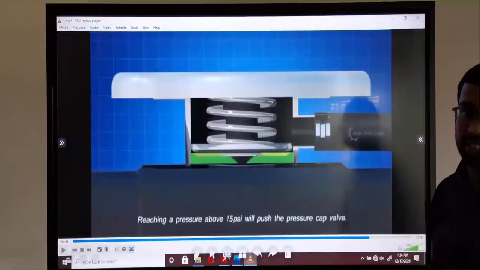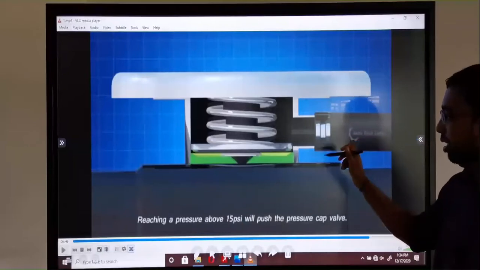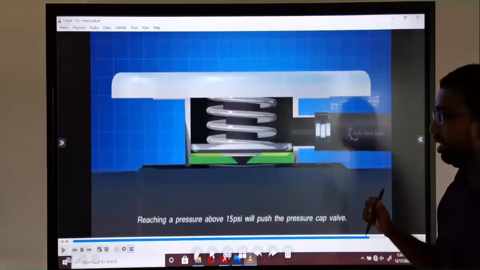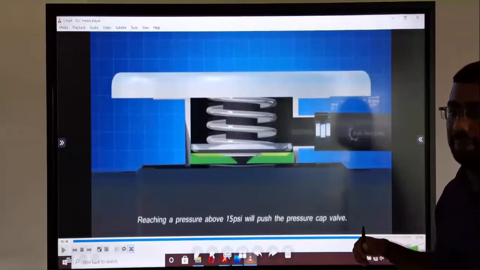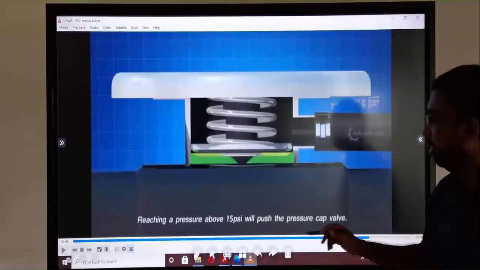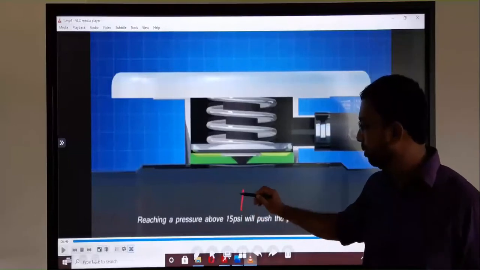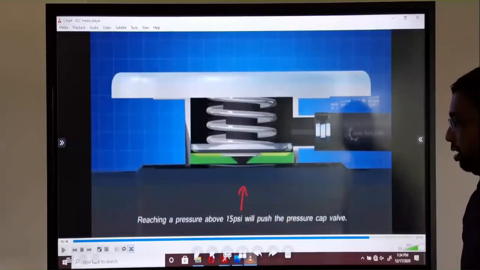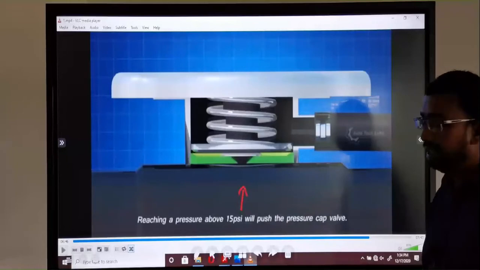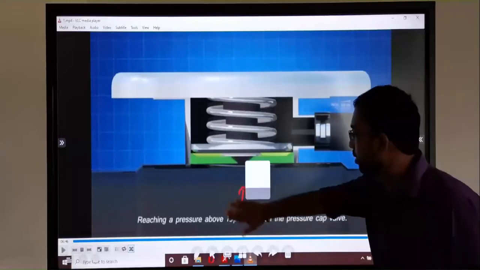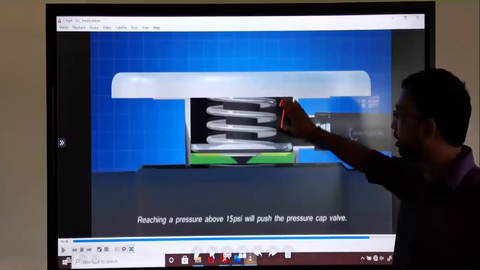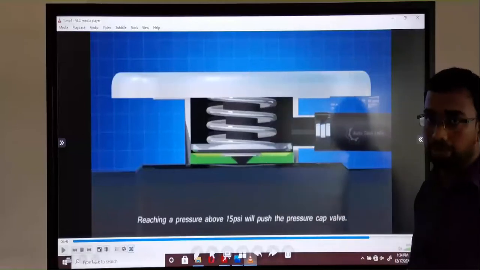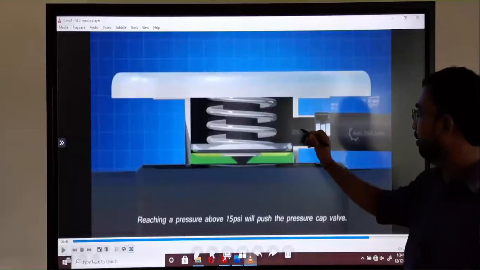If there is no pressure cap, parts of this radiator may get damaged or burst by this high pressure. So when the pressure increases beyond 15 psi, the spring is going to move upwards because of the pressure of the coolant.